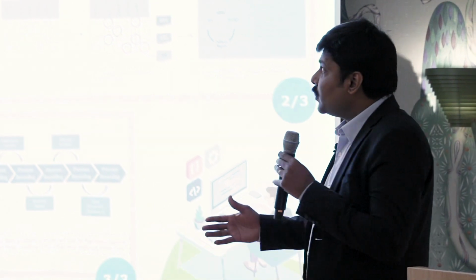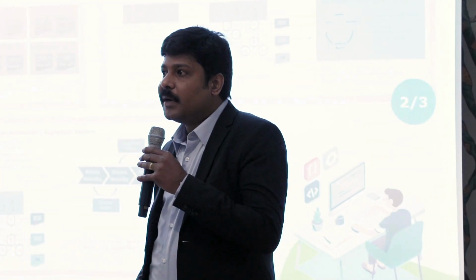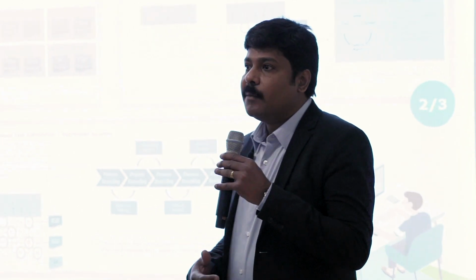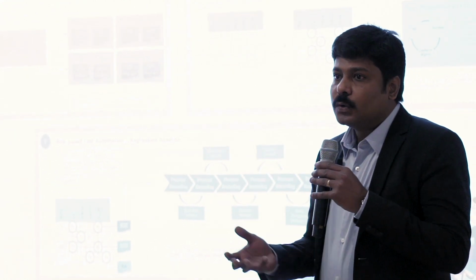The first stage is definitely to understand the business and the requirements, how the requirements are coming and where they are coming from, and to do the assessment of those requirements.